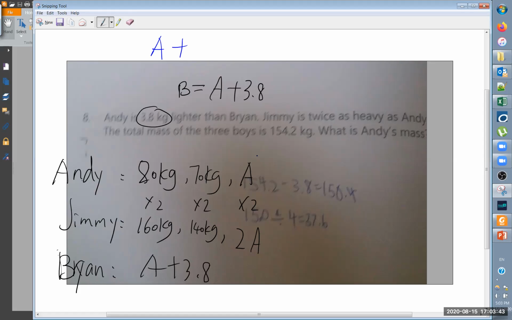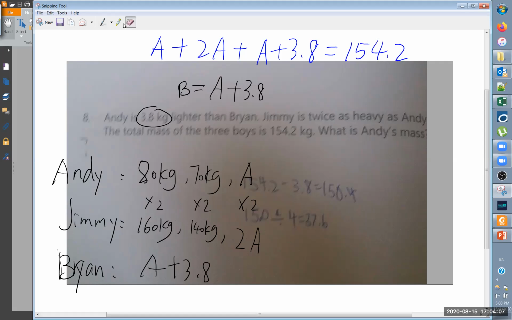What's the weight for Jimmy? 2A. Very good. What's the weight for Brian? A plus 3.8. Very good. They add up to 154.2. Very good.